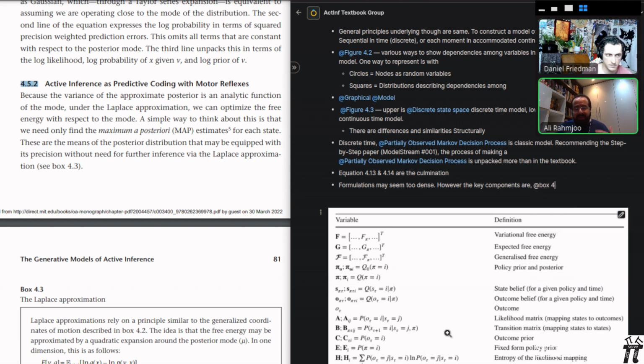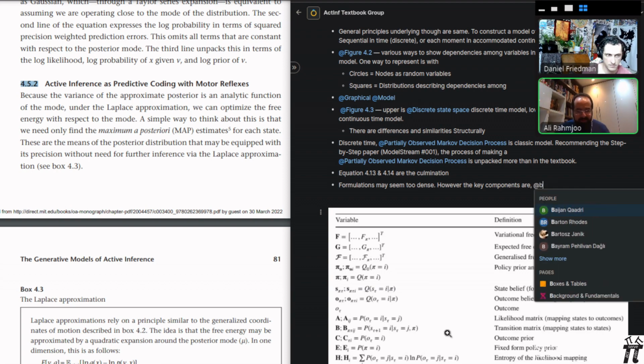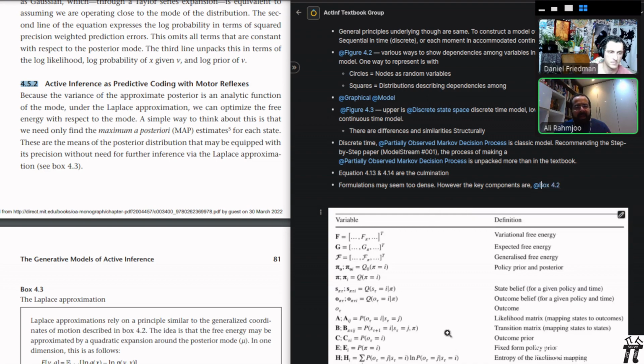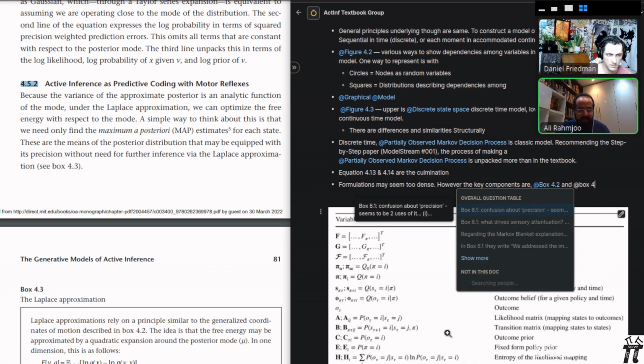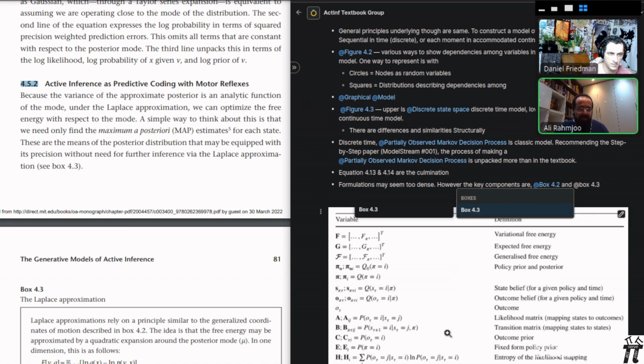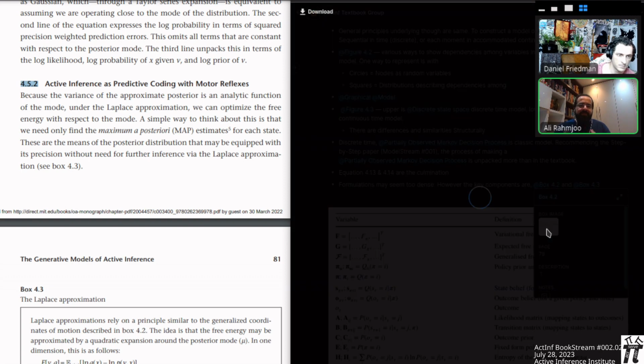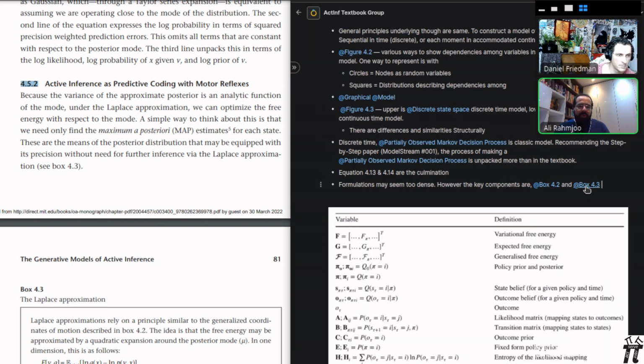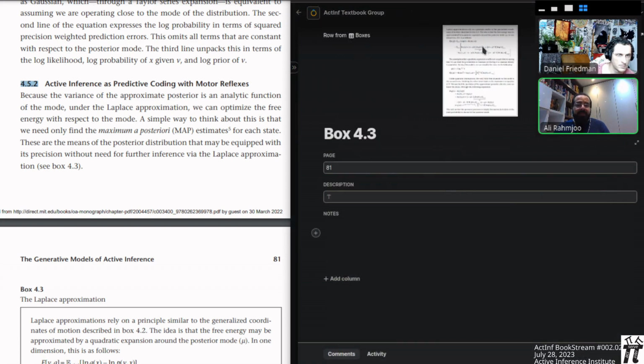I think they are quite essential to understand the underlying principle behind deriving the continuous time situation, because without Laplace approximation, what we would have in terms of free energy minimization would look very much like the Gibbs free energy.